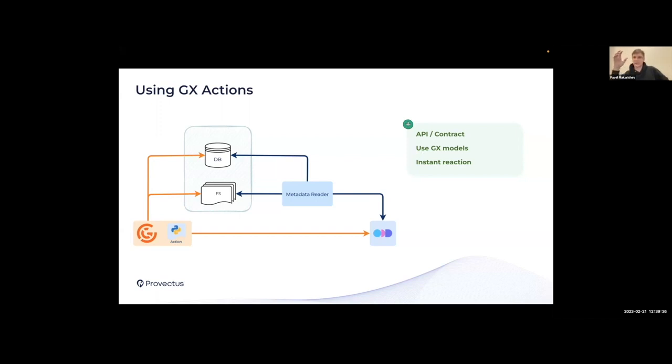Now we can work with classes, we can run methods on them, we can get a property, for example. And next, I would add an instant reaction. That means every time users run test validation, or for example, Airflow using great expectations operator runs our tests, that information will be mapped and stored at OpenDataDiscovery platform.